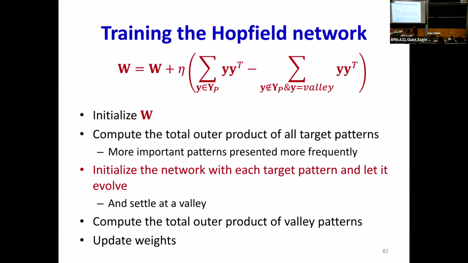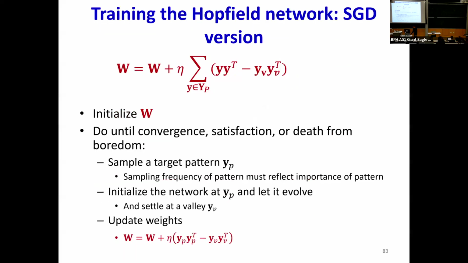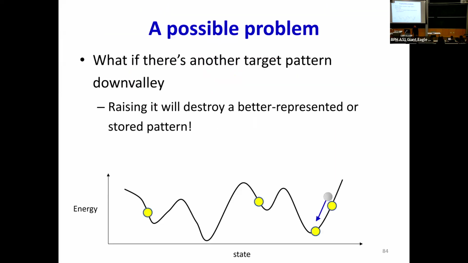So here's a possible problem. If I just start the network at some target pattern and let it evolve, it's going to stop at some valley, and it's going to pull it up, right? But there may be another pattern downstream along the same valley.